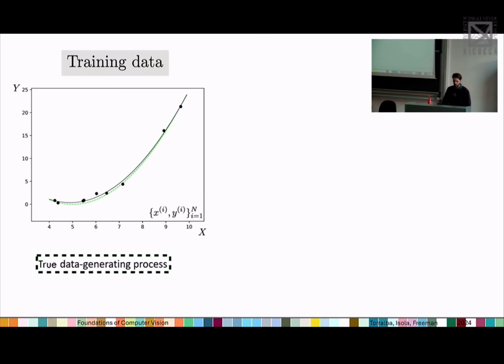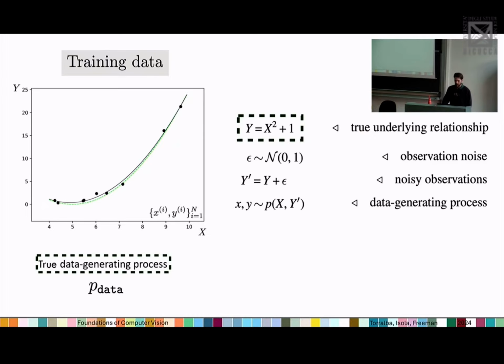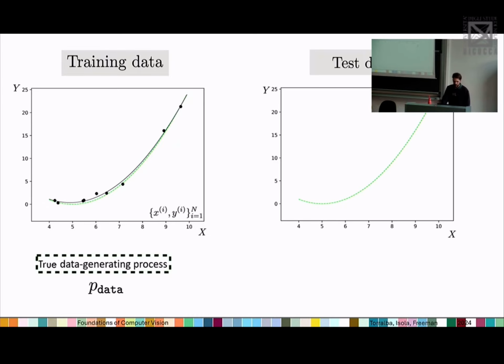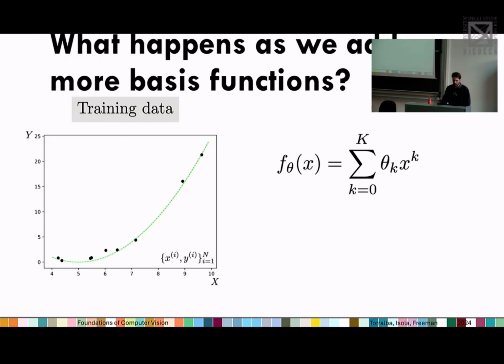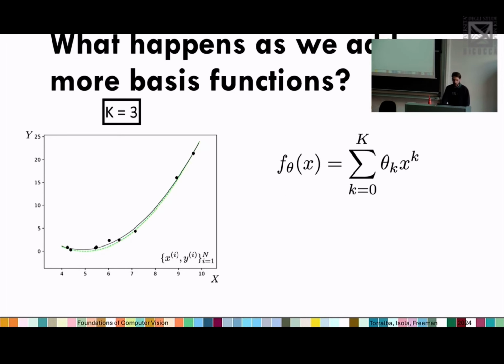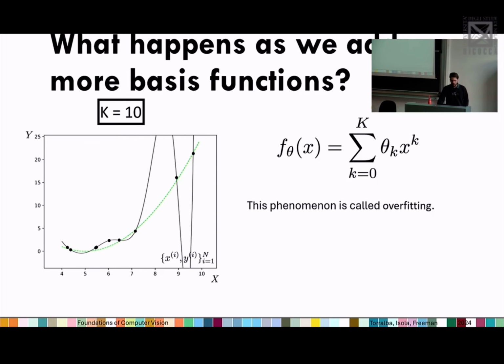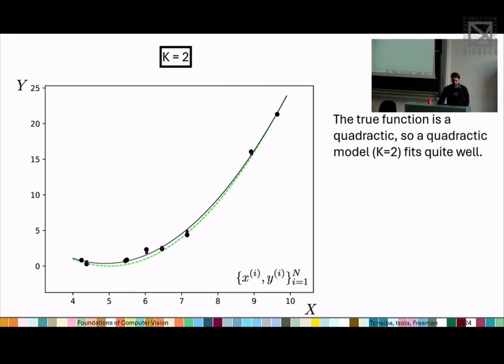And if we go to higher degrees, the more degrees that we add, the worse it starts to get. We get a function that passes perfectly along all the examples, but does not generalize.